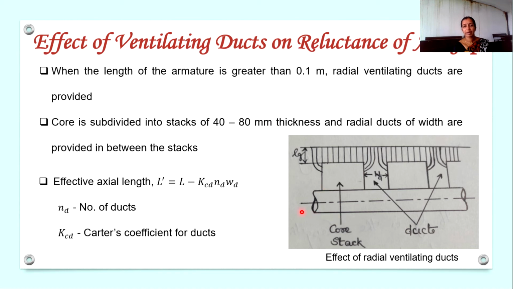So if I am considering the machine, so this is the shaft of the machine, like axially I consider this is the shaft of the machine, and this is the rotor core. So in case of radial ventilating duct, the rotor core will be divided like this. So laminations അടുക്കി വെച്ചു, ഒരു particular thickness എത്തി കഴിഞ്ഞപ്പോൾ ഞാൻ ഇവിടെ ഒരു ഗ്യാപ്പ് കൊടുത്തു by placing some spacers. Again laminations are stacked and a gap is provided like that.